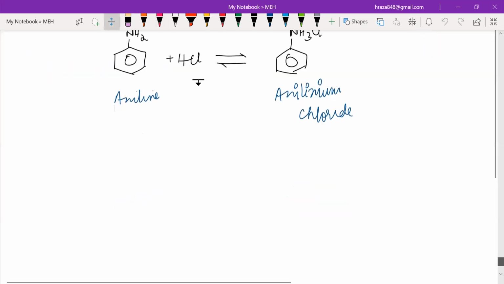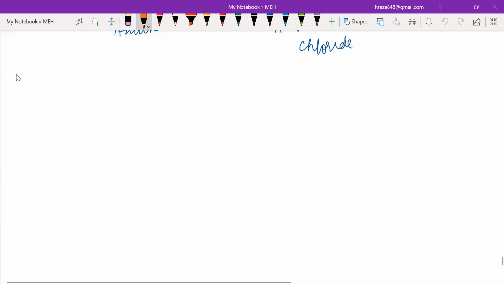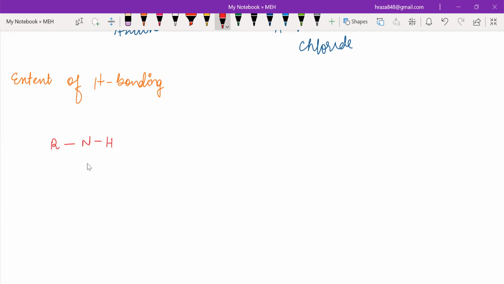Now, can you let me know the extent of H bonding? If you see, if we have primary amines like this, RNH2, and if we have the secondary amine like this, in which the extent of hydrogen bonding will be more?